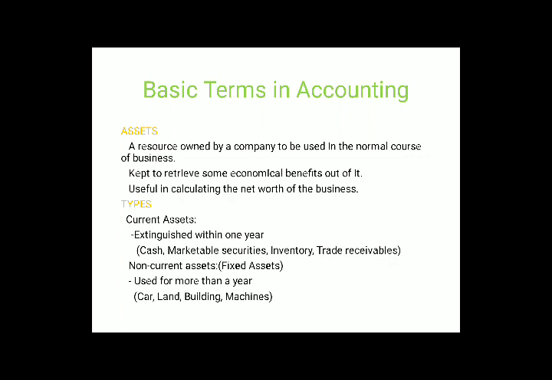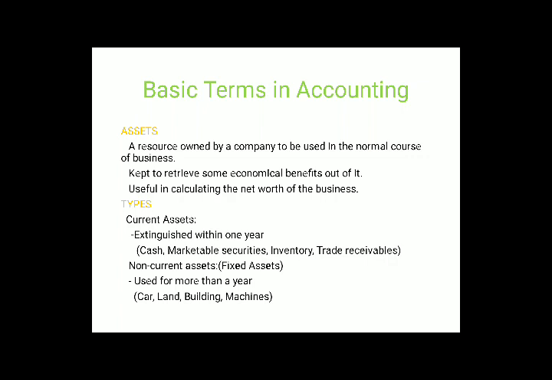Non-current assets are fixed assets. Fixed assets are also resources, but they are kept in the business for more than a year. So if you use up a resource within a year, it is called a current asset. If you use the asset for more than a year, it is called a non-current or fixed asset. For example, car, land, building, machines, everything. All of these are resources.